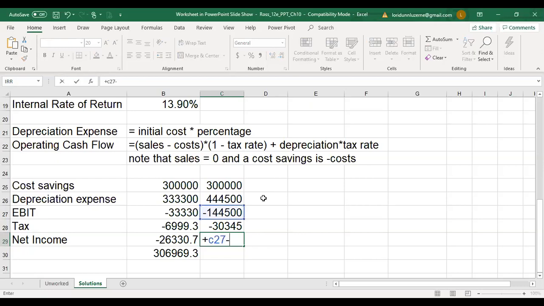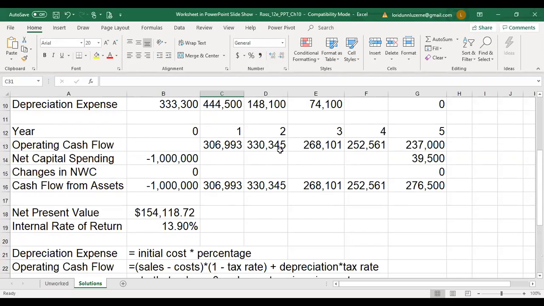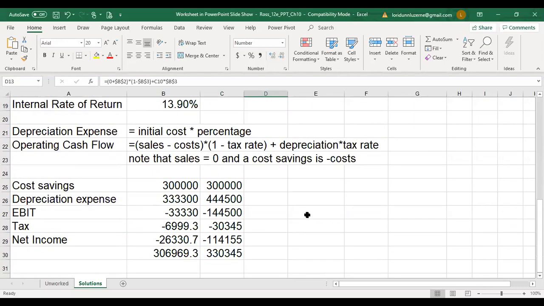C27 minus C28, 114,155. Okay, now I'm going to add back depreciation. So my cash flow, 330,345. Okay, so I went bottom up. I went, here's my net income, add back depreciation.